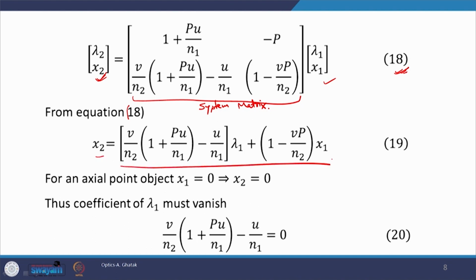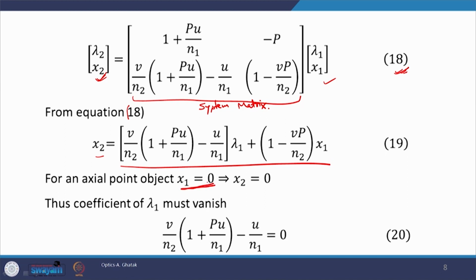Okay. Now, suppose our object is a point object which is situated on the axis of the system. If this is the case, then x1 would be 0, because x1 is the height of the object from the horizontal axis, from the axis of the system, and if it is a point object situated on the axis, then this height would be 0. Therefore, x1 would be 0.